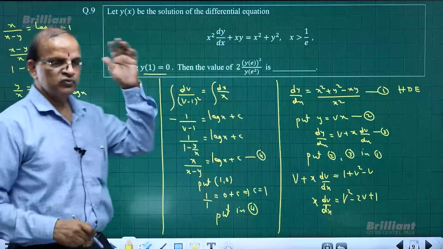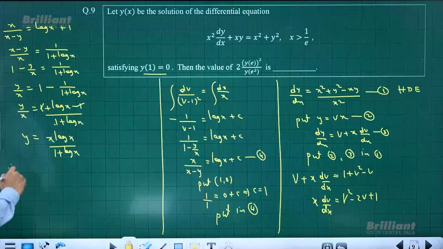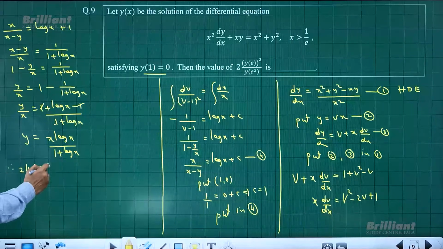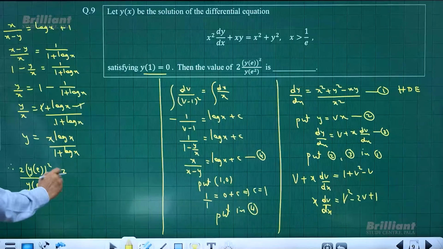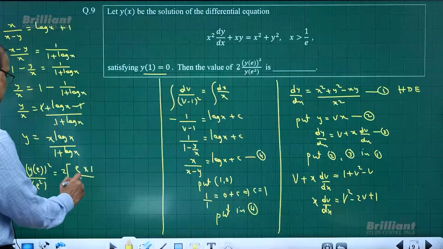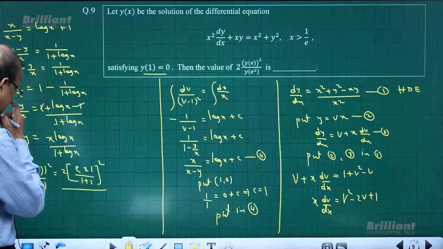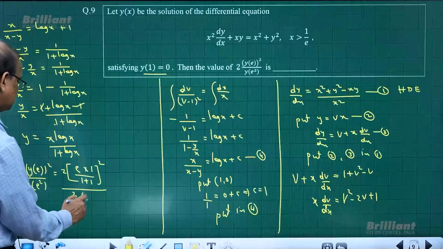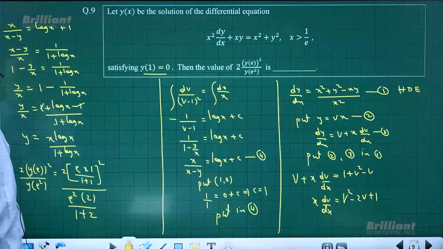He is asking what? 2y is... So therefore 2y of e square by y of e square. So y of e is what? e log e by 1 plus log e, and y of e square is e square log e square by 1 plus log e square, so 2 by 1 plus 2.